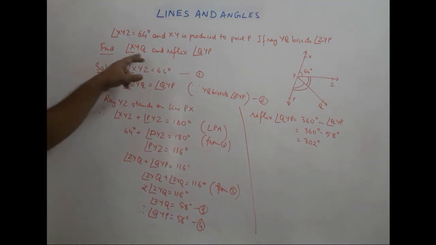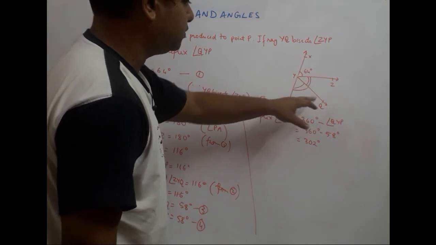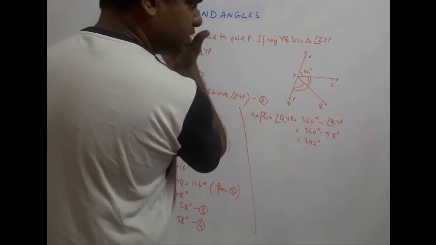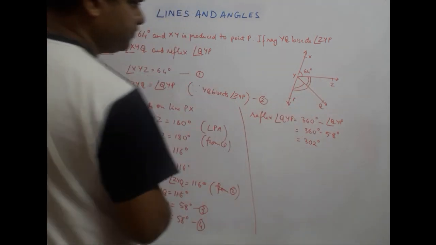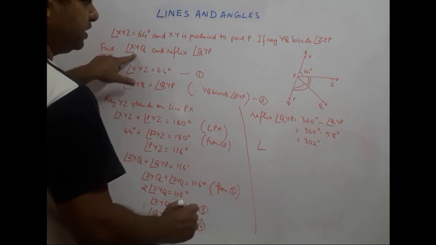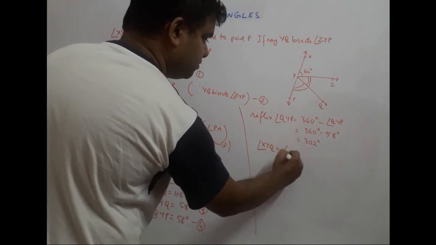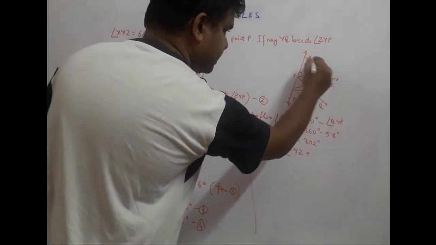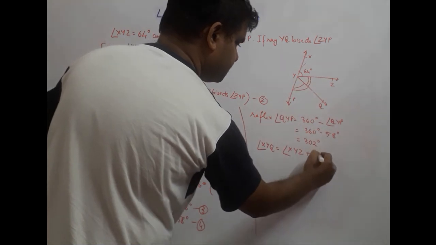Now coming to angle XYQ. We know XYZ, and we also know angle ZYQ. Since we want angle XYQ, it can be written as the sum of angle XYZ plus angle ZYQ.